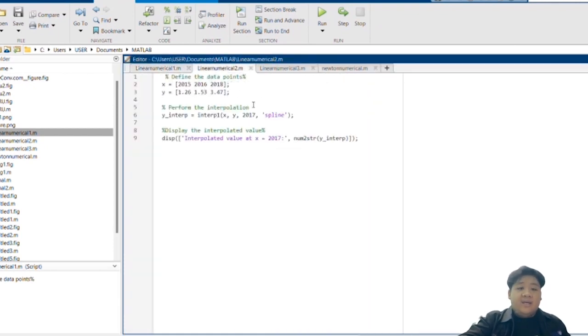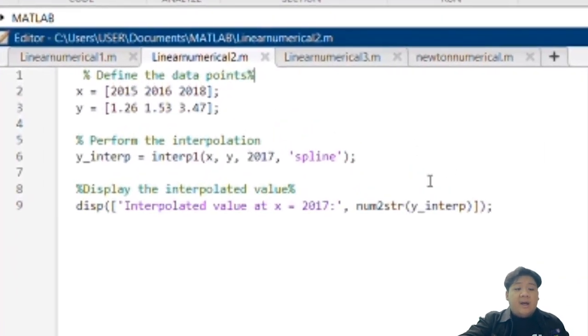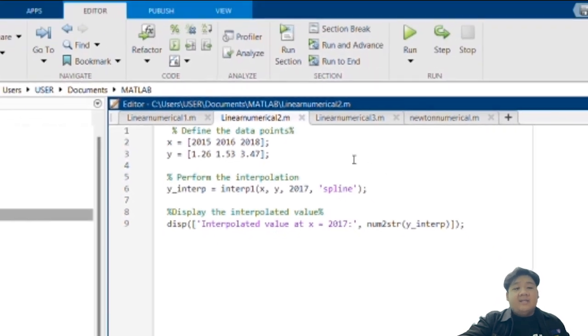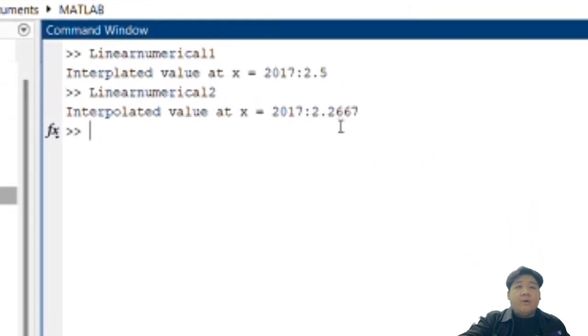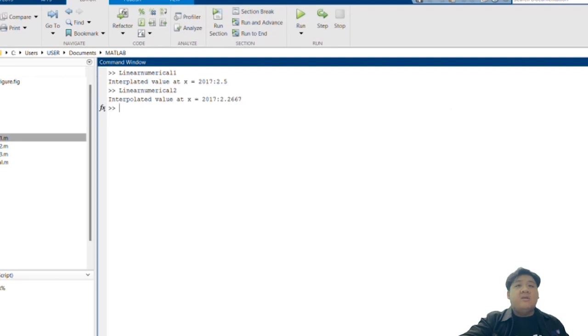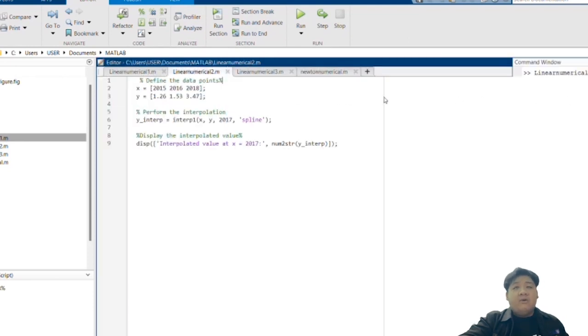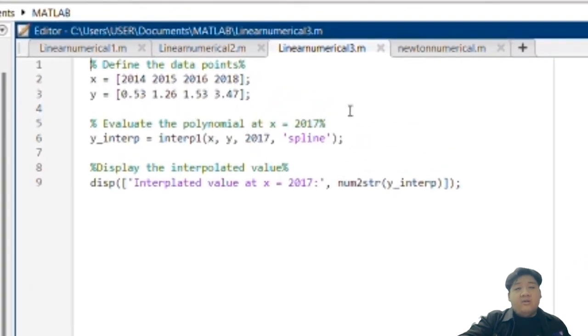Next is quadratic approximation. It is the same as linear. So the answer is 2.2667, the same as the calculation. So it proves that our calculation is correct. Next is cubic.